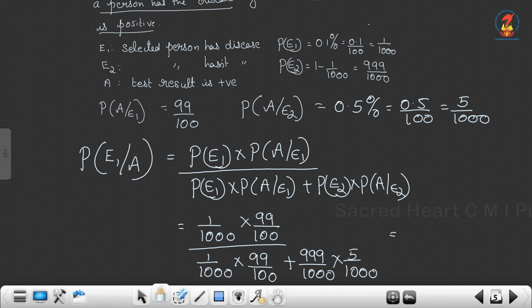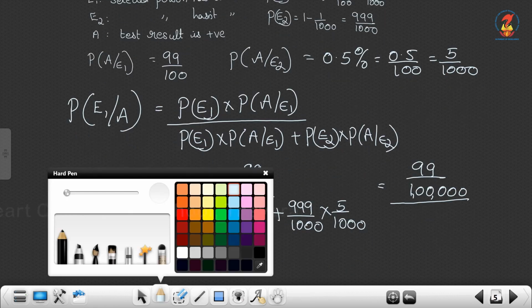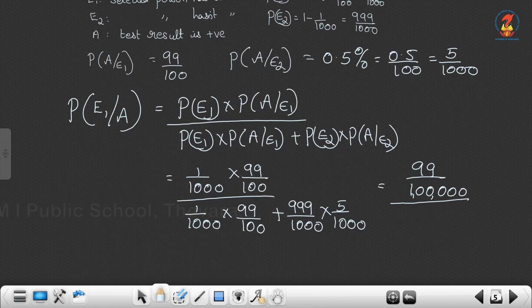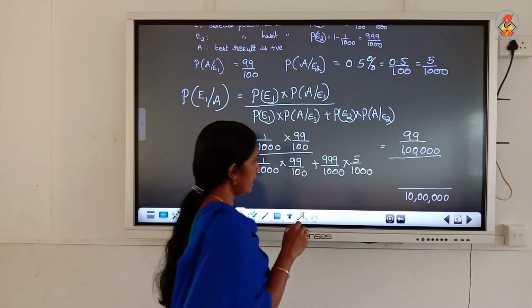Okay, so 99 by 1 lakh in the numerator. Taking LCM, the other term has 6 zeros, so 10 lakh, and here we have to multiply by 10.